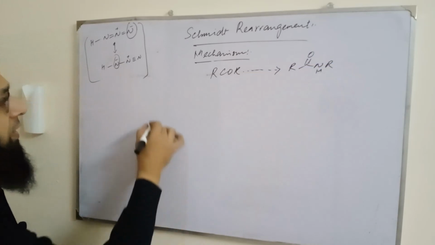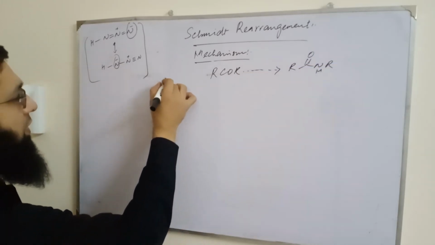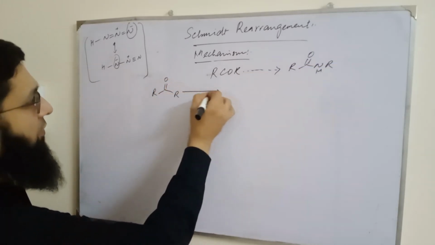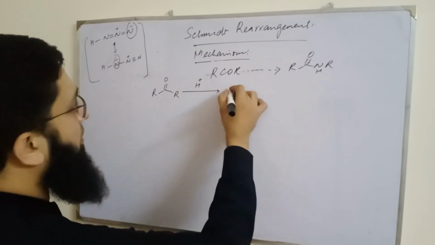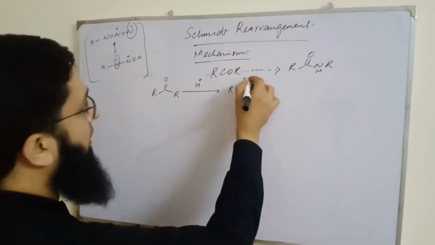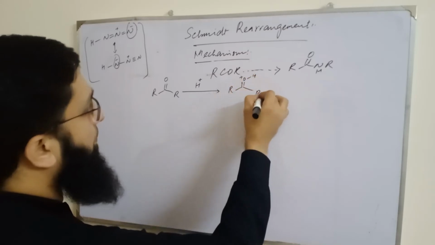In this case, we have ketone as a starting material, which is protonated first because we have sulfuric acid as well as catalyst in the reaction mixture.